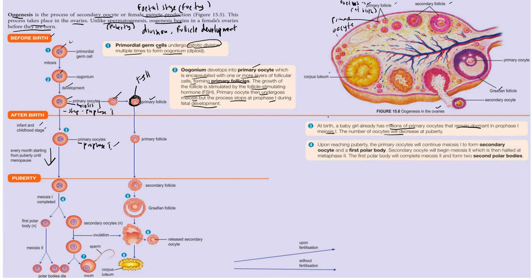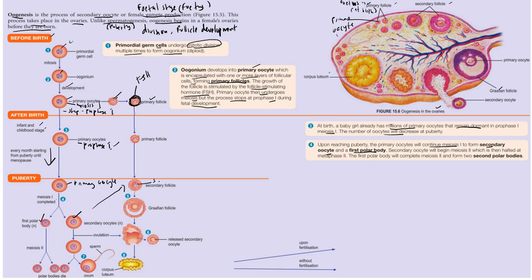Upon reaching puberty, the primary oocytes will continue meiosis 1 to form a secondary oocyte and a first polar body. So during this, this is still the primary oocyte. We complete meiosis 1, and it will produce the first polar body and also the secondary oocyte. Now the follicle here, we can see the secondary follicle.